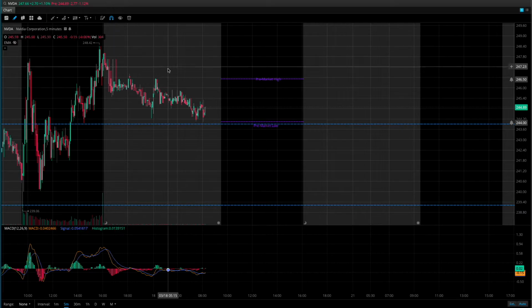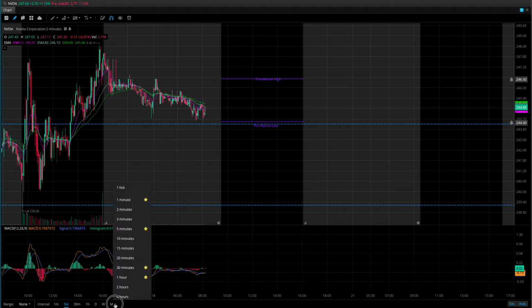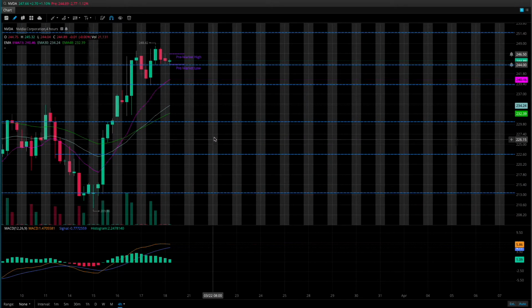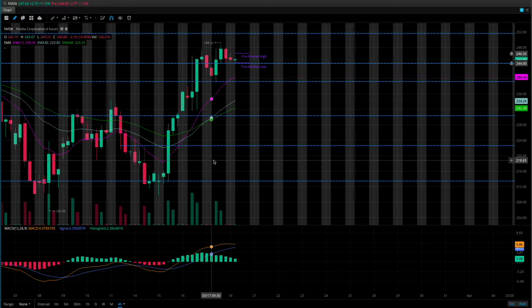Now, the next thing is we turn back on the EMAs. And I like to look at the 4 hour first, just to see how it's performing. I like to look at the EMAs because it gives me the exponential moving average of the last 13 days, last 30 days, and the last 48 days.